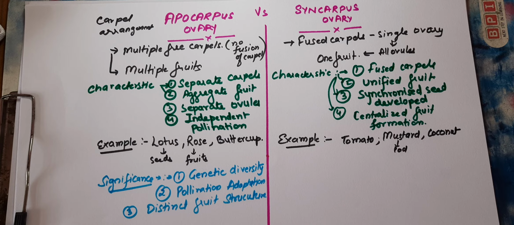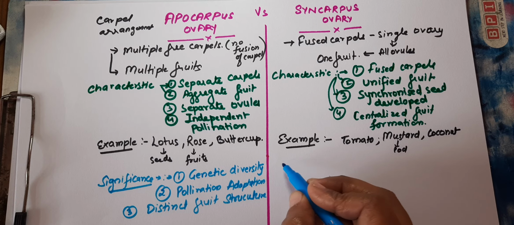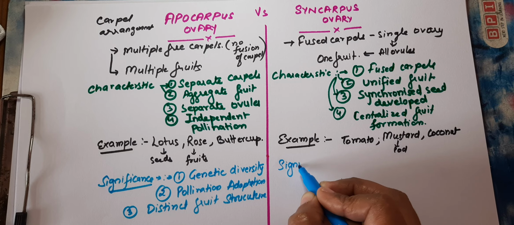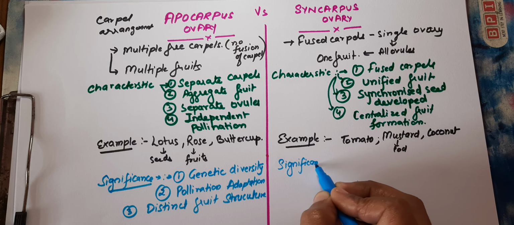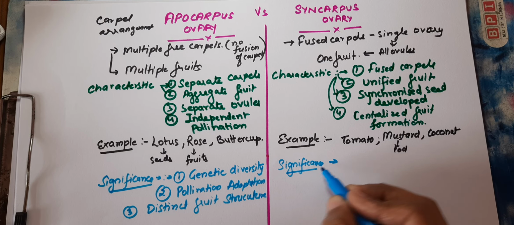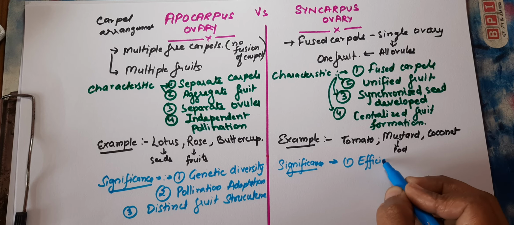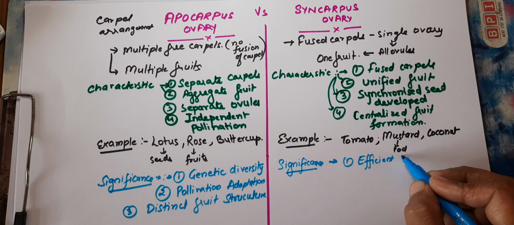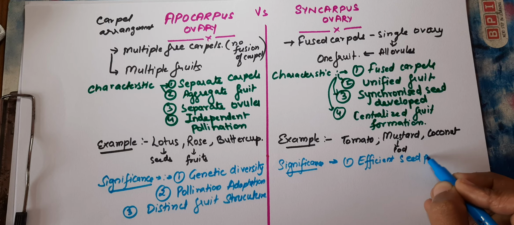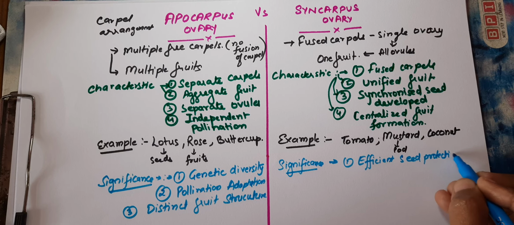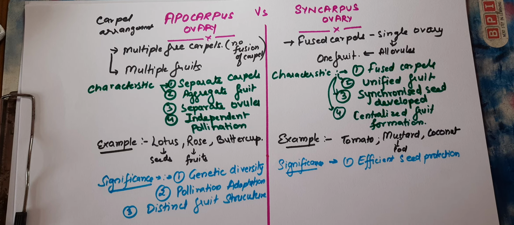Now the last one, if we talk about the significance of the syncarpous ovary, the controlled condition and the fusion will lead to efficient seed protection. The fused structure, students, will provide better defense against environmental stress.